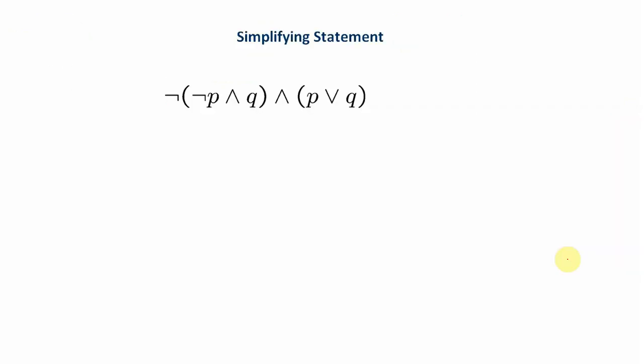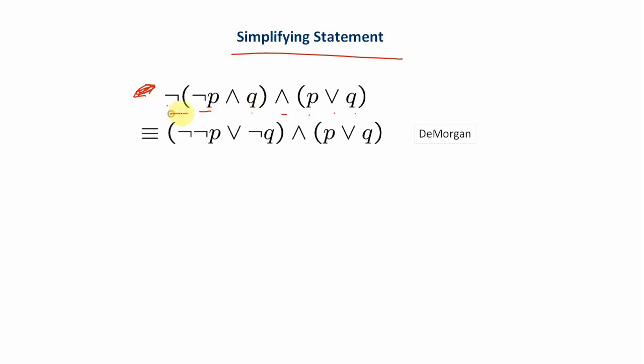Now, how to use the laws for simplifying statements. Let us have this compound statement which says negation of negation P conjunction Q, conjunction P disjunction, right? Now I'll simplify this statement by applying the different laws. First of all, I'll apply De Morgan's law over here.